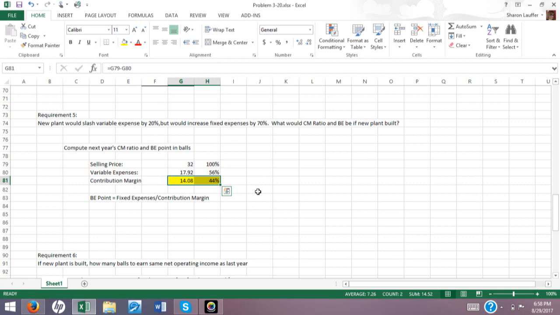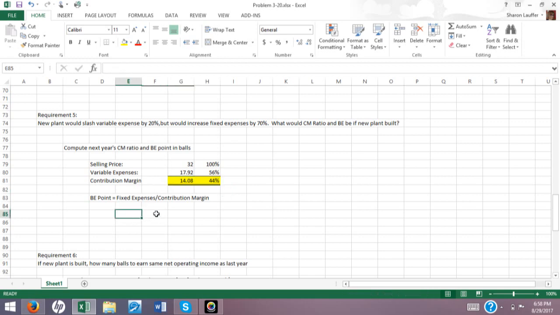But they are going to increase by 70%. So if I take $422,400 and multiply that by 1.7, I get $718,080. So I just multiplied that by 170% essentially, 100% of what they were plus 70 more percent.